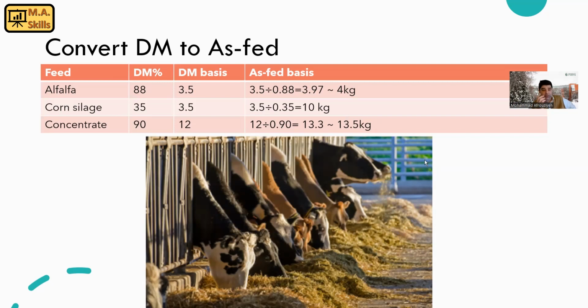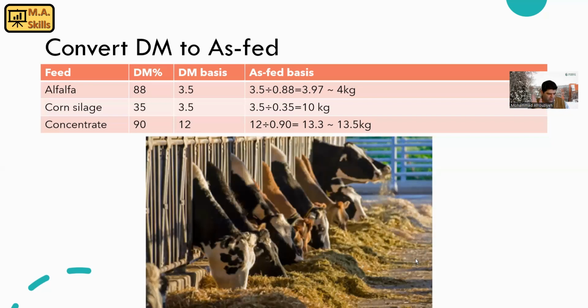So now we need to calculate how many cows we have in this scenario, in this group, and then calculate the amount of alfalfa, corn silage, and concentrate you need, then mix them together to make TMR, or total mixed ration, as you can see in this picture.